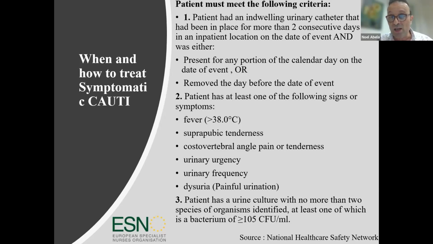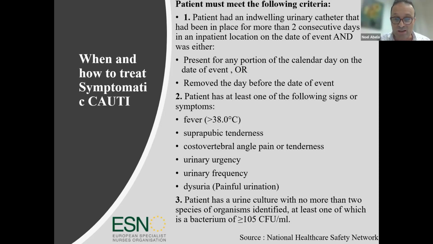Second, patient has at least one of the following signs or symptoms: fever, which must be more than 38 degrees Celsius, suprapubic tenderness, costovertebral angle pain or tenderness, urinary urgency, urinary frequency, and dysuria, that means painful urination. And the third criteria is patient has a urine culture with no more than 2 species of organisms identified.